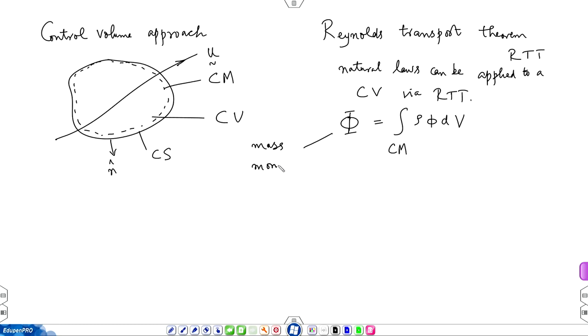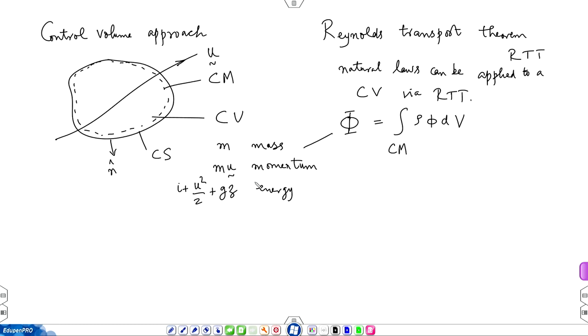So, mass is m, momentum you can just write as mu. If you wish, you can put a vector. Third is energy. For energy, it is internal energy plus kinetic energy plus potential energy. gz is just symbolic of a potential, it can be any other kind of potential energy. Here I have shown gravitational potential.